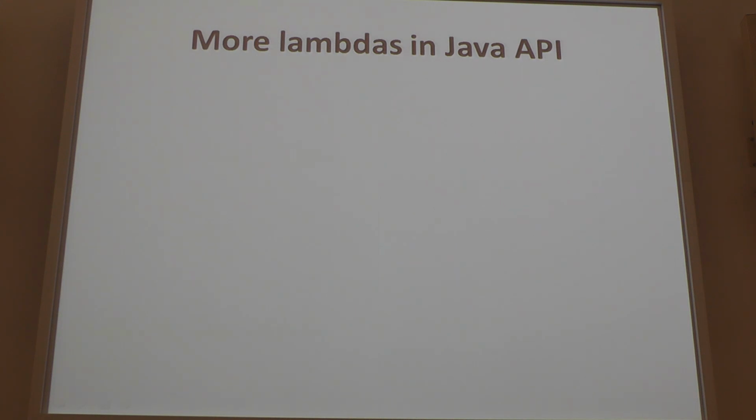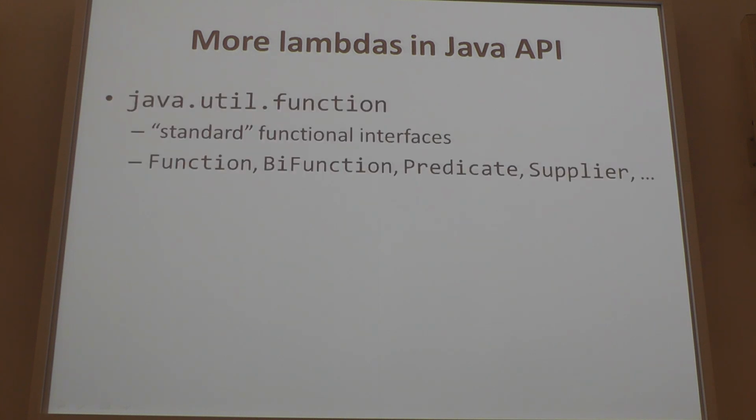So let's look at some more examples where lambda expressions are used in the Java API. As I said, there are prepared standard functional interfaces, and those are defined in the java.util.function package. So, for example, Function is a functional interface that has one method, and it's a generic interface.